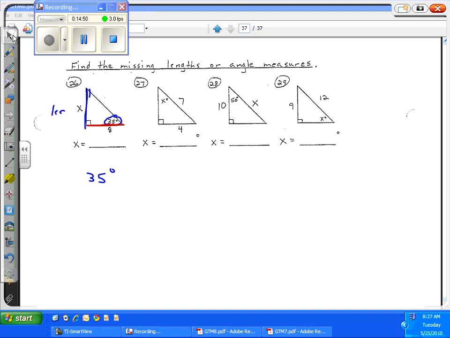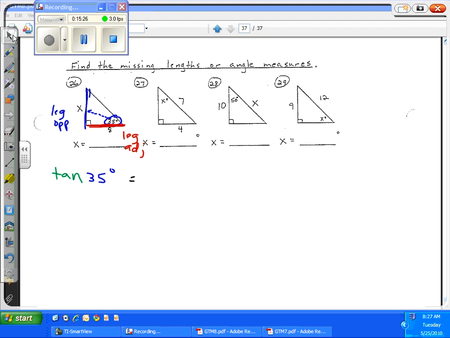Now, these are both legs. The 8 is a leg that makes the angle, and so it's the leg adjacent to the angle. The x is opposite the angle, and so it's the leg opposite. So we think what ratio had leg opposite, leg adjacent, and that ratio is the tangent ratio. So the first thing we do is find an acute angle.